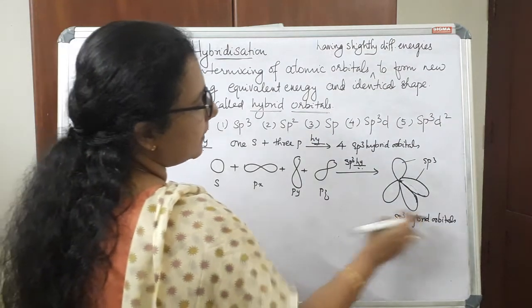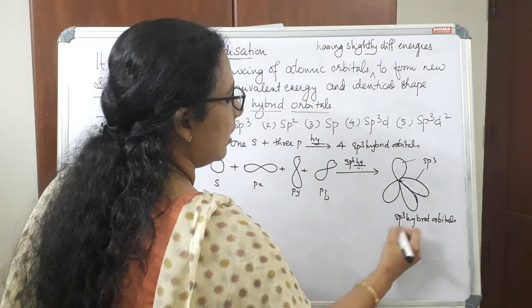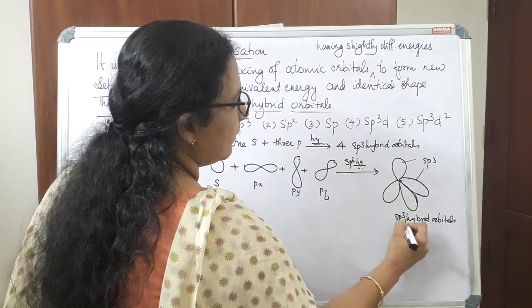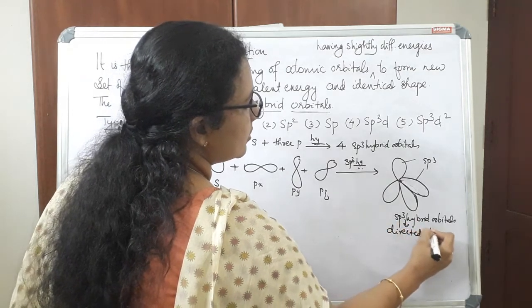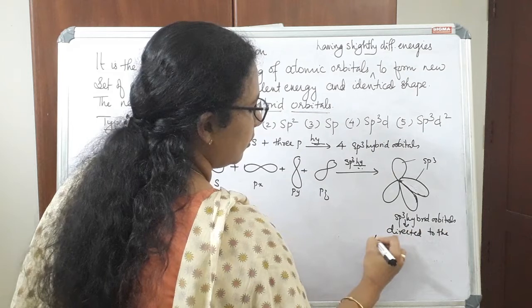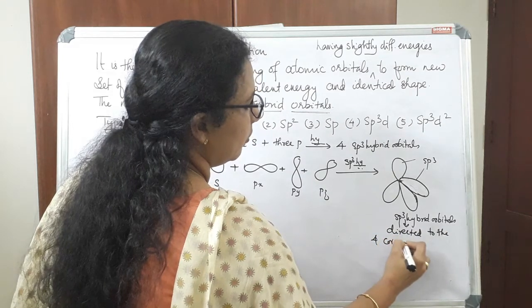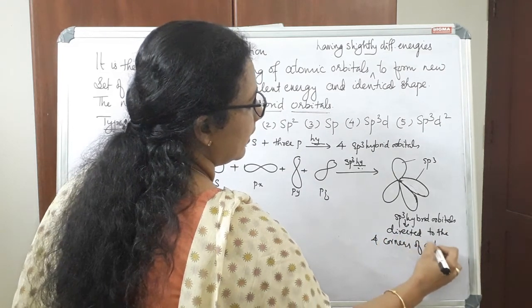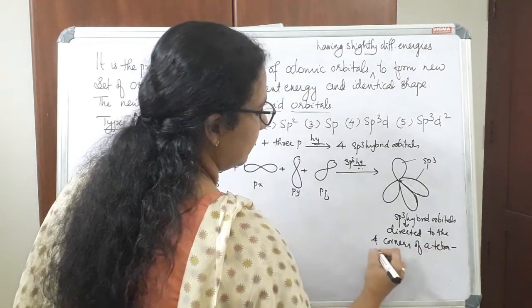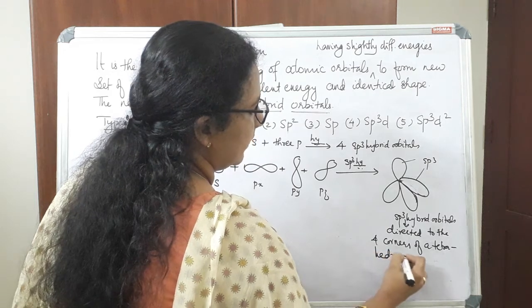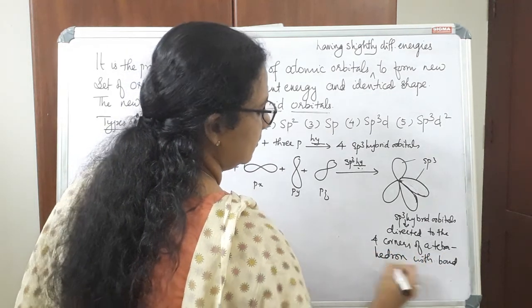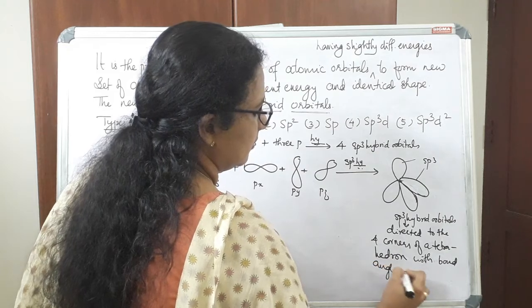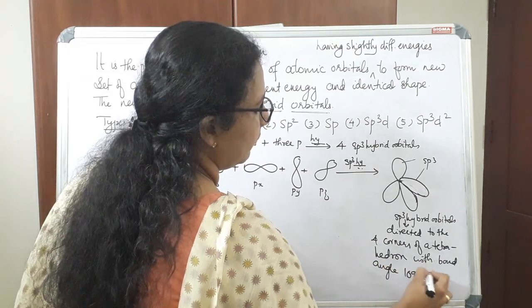So these sp3 hybrid orbitals are directed to the four corners of a tetrahedron with bond angle 109.5 degree.